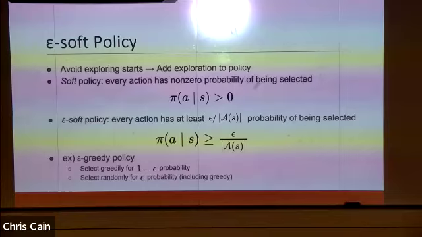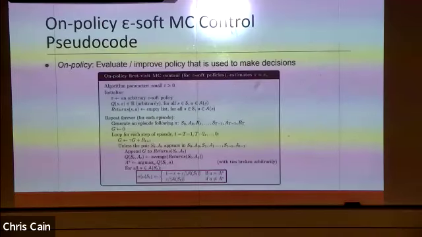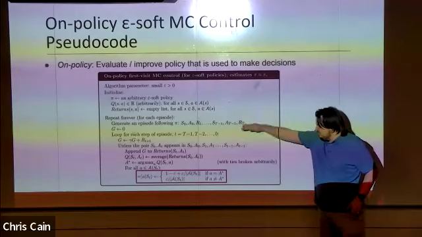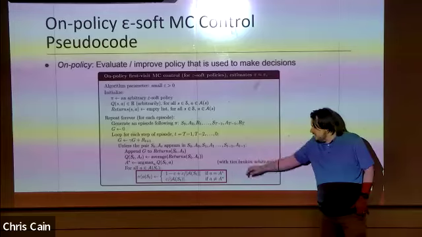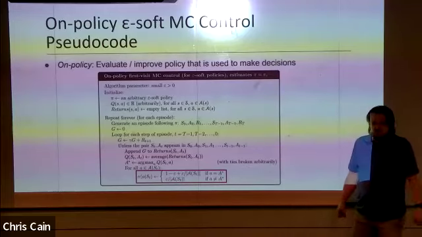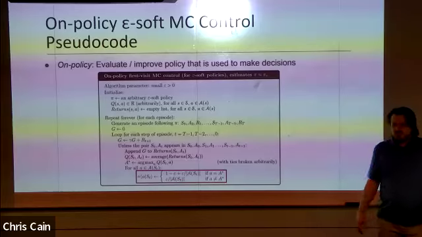So that's the concept of epsilon soft, and as we move past this, we can look at the pseudocode for epsilon soft. Really, we're just selecting whenever we select an action. This is just the general Monte Carlo process. Whenever we select an action, we're going to roll an RNG between 0 and 1.